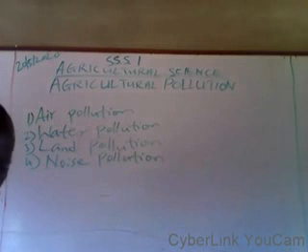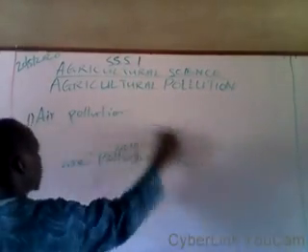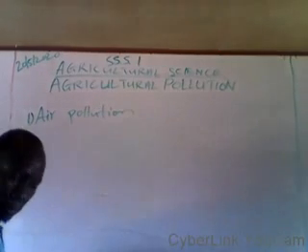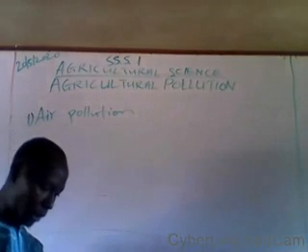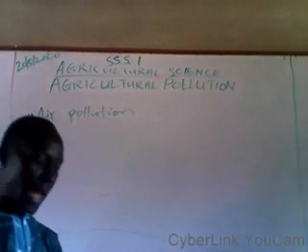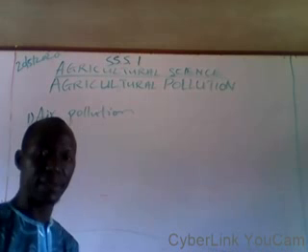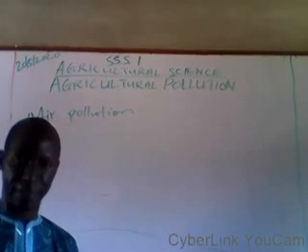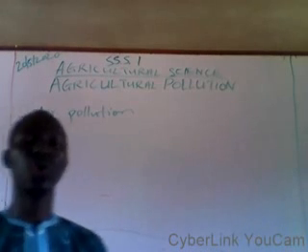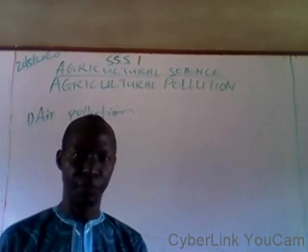We are going to take them one after the other. Let's take air pollution first. There are examples of air pollutants, their sources, their effects, and their possible control measures.